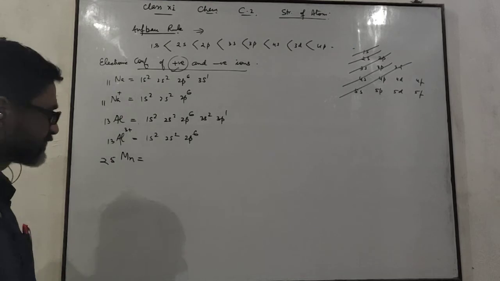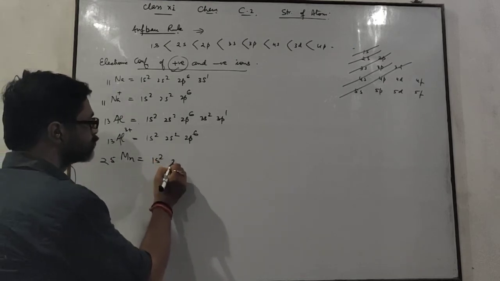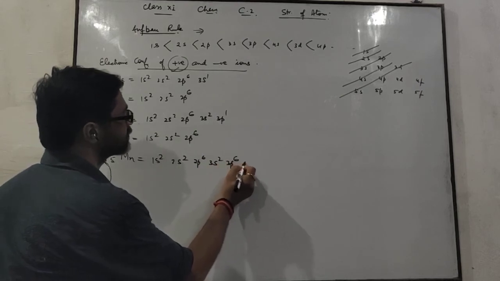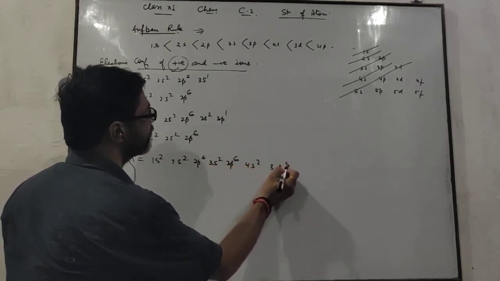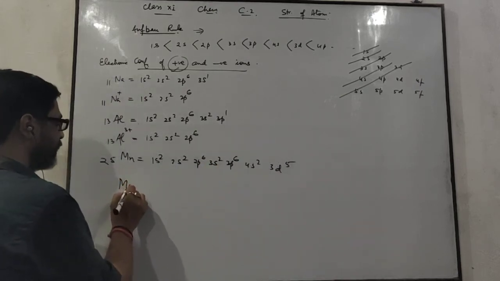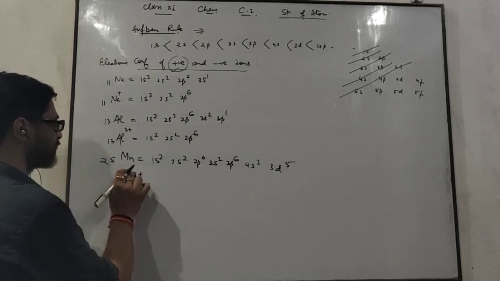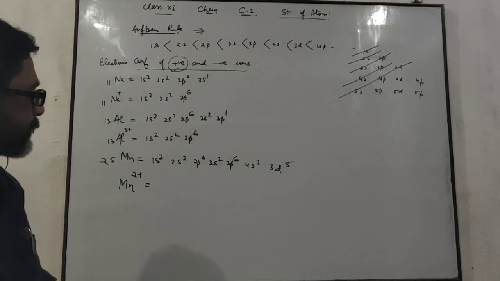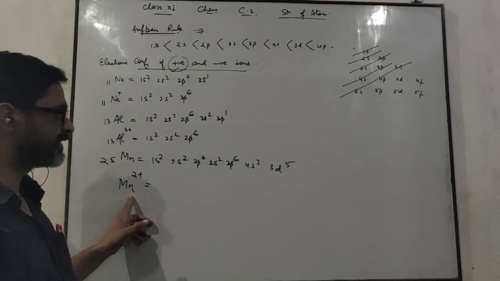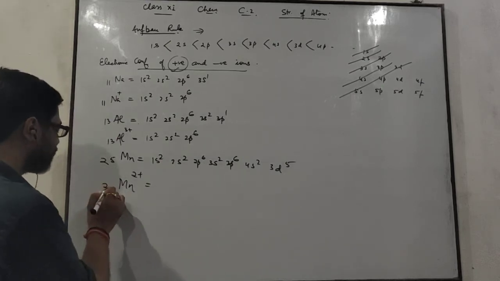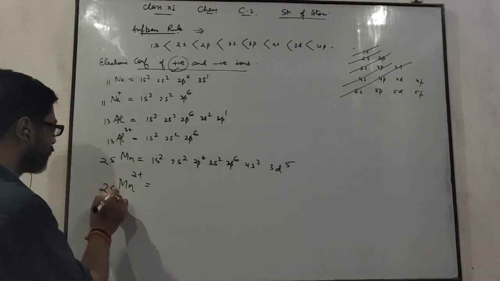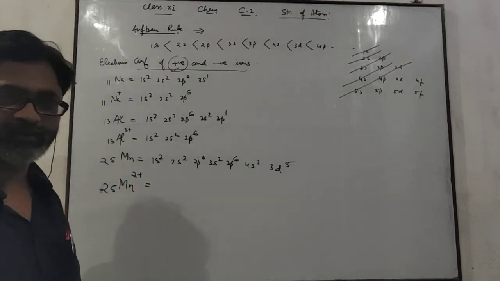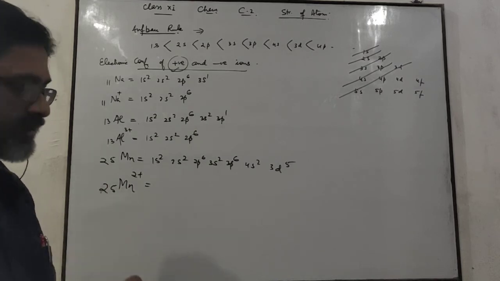Now the electronic configuration of 25Mn. See here: 1s2, 2s2, 2p6, 3s2, 3p6, 4s2, 3d5. If Mn carries two positive charges, two electrons are released. From which subshell? I will remove two electrons from the outermost subshell.